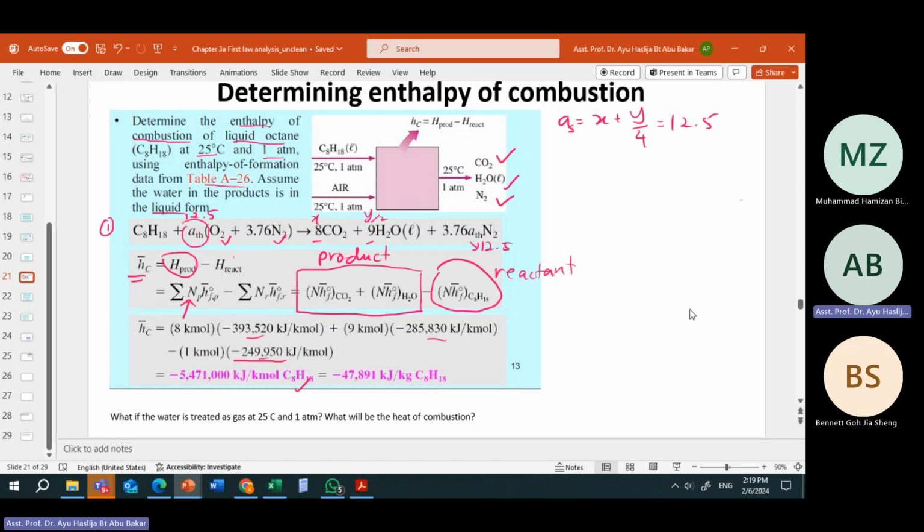Negative 5,074,068. Okay. Almost there. Kilojoule per kmol.